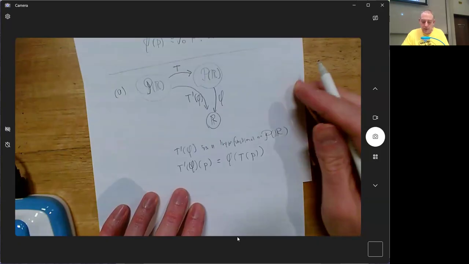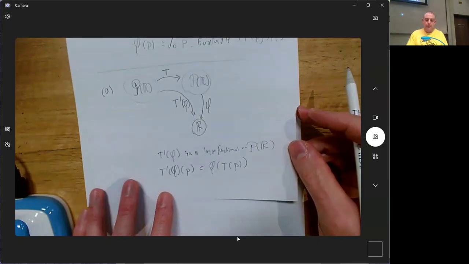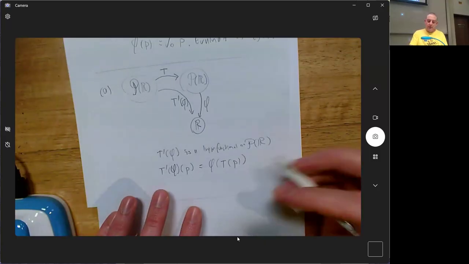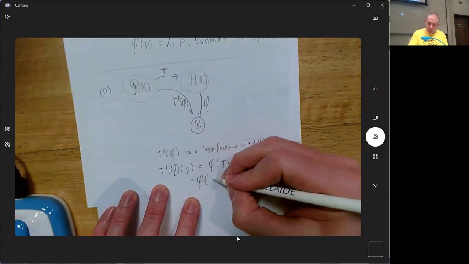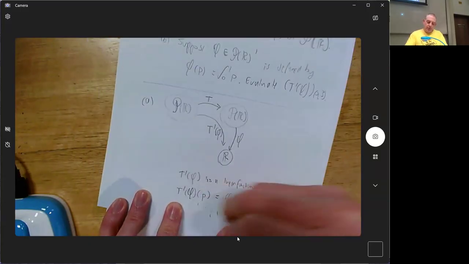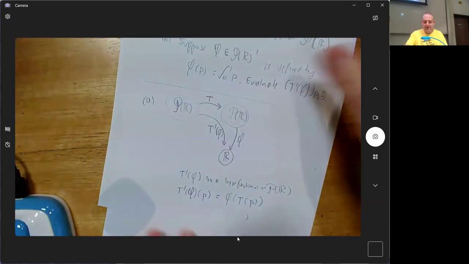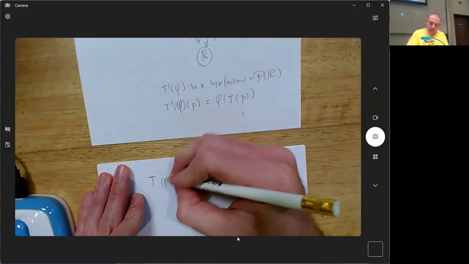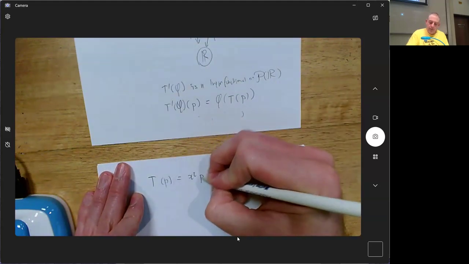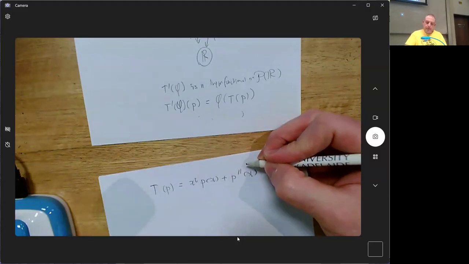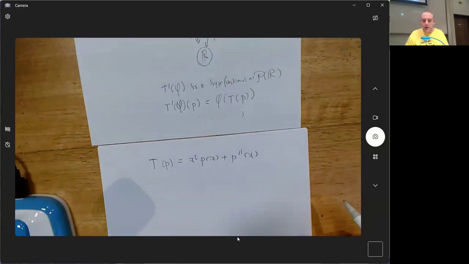And T of P is this. No, I'm not going to do it all in one go. I'm just going to write down what T of P is. So T of P is x squared P of x plus P double dashed of x. And phi of anything is what you get when you sub in 4 into the derivative.